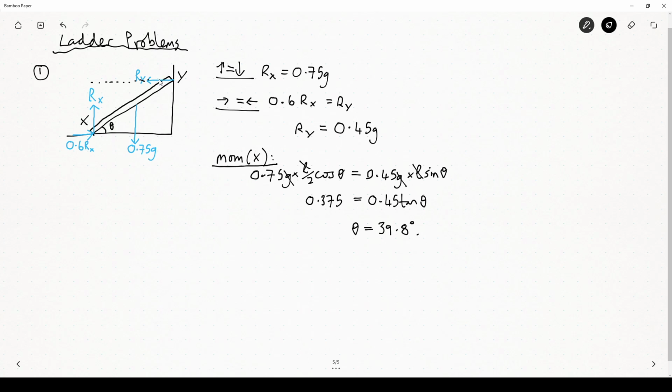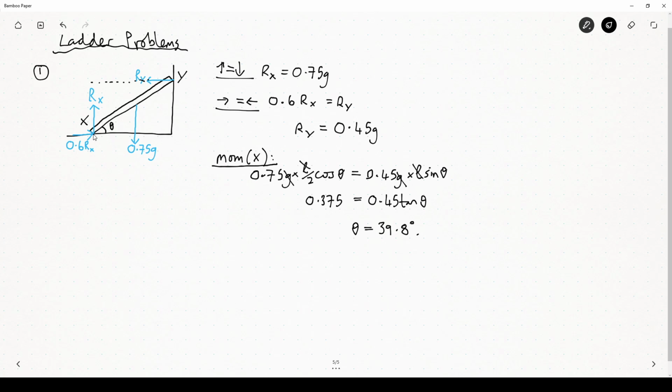And if we make the assumption that it's in limiting equilibrium, that means that the friction is at its maximum value here. And so what will happen then is, if we were to push the bottom of the stick closer to the wall and therefore increase the angle here, then it would actually be more stable. It would still be in equilibrium, but it wouldn't be in limiting equilibrium.